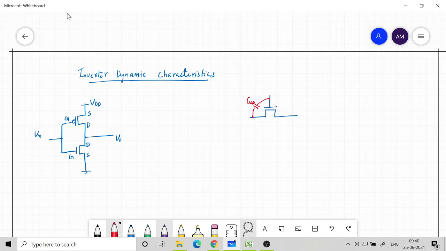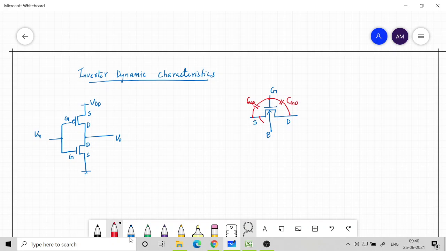Let's assume that this is source and this is drain. Similarly, there is a capacitance between gate and drain. We also had a fourth terminal.